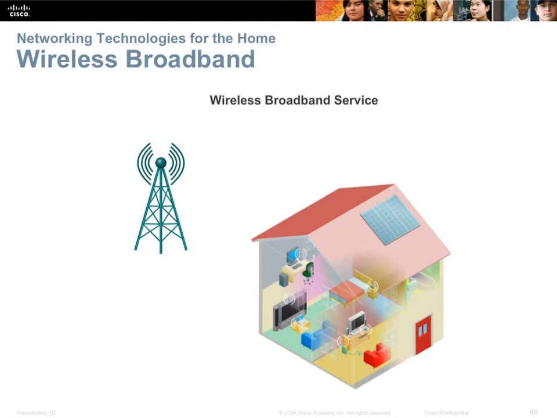So what is the implication of this? We need to have small scale versions of these base station towers in our houses. And if that happens, we can use the same cellular technology all the way. In some cases, we don't even need Wi-Fi. The implication is that all our computers and our cell phones and everything is going to use the same technology to reach the wireless broadband service providers.